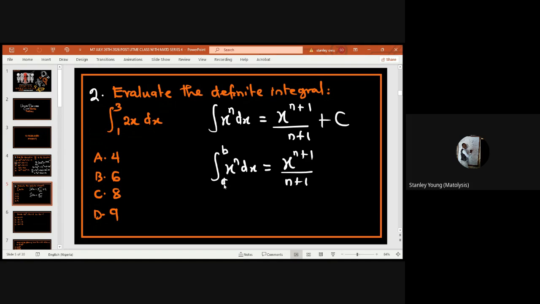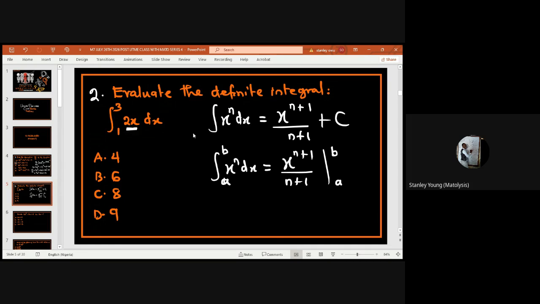Let me make the upper limit b and the lower limit a. What that means is you want to substitute b for x, and then minus the substitution of a for x. Get that?